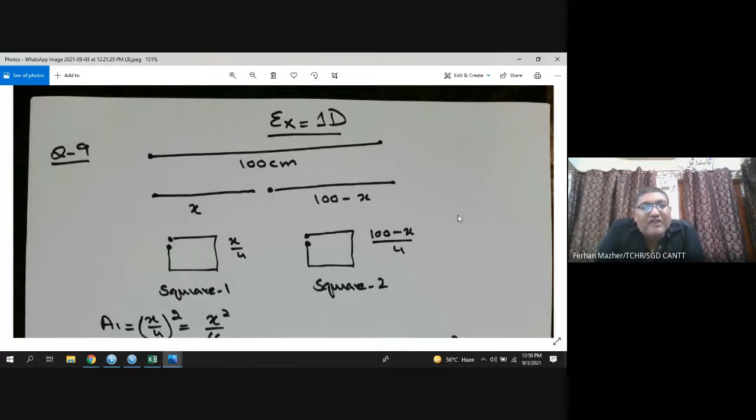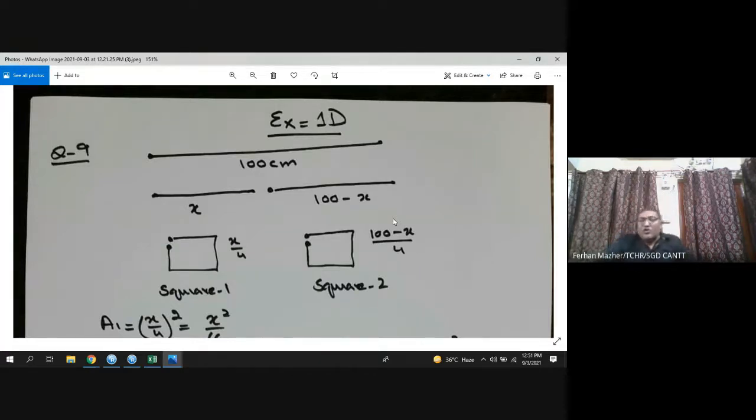Because the total length of the first piece is x, when I make a square out of it, the side of that square will be x by 4. When I bend the second piece of wire, which is 100 minus x centimeter long, and make a square, the side of that square will be 100 minus x, the whole thing divided by 4.